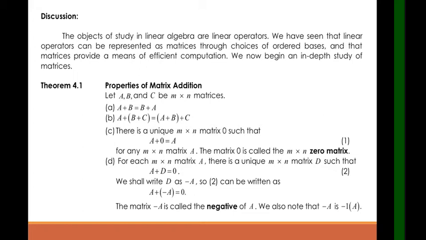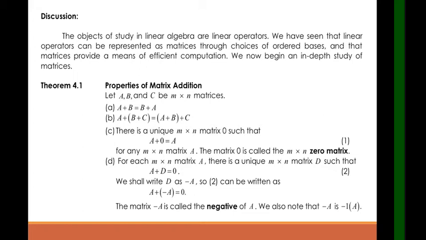For any m by n matrix A, the matrix 0 is called the m by n zero matrix. For each m by n matrix A, there is a unique m by n matrix D such that A plus D equals 0. We shall write D as negative A. So, number 2 can be written as A plus the quantity negative A equals 0.